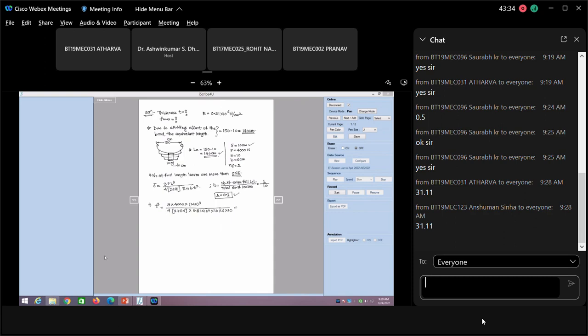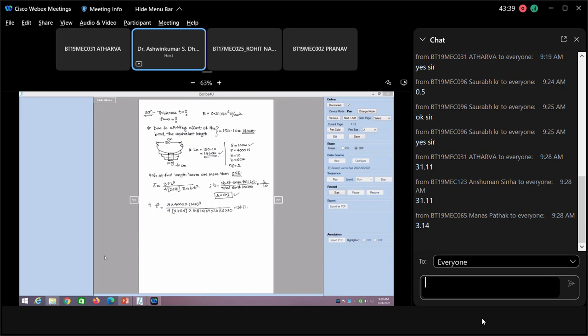31.11. I do not know whether this value is correct or not. 31.11. So सर t का वैल्यू कितना आता है? So t का वैल्यू आता है 3.14. Okay, so I will go by this.